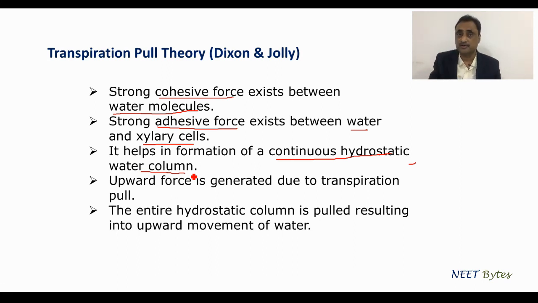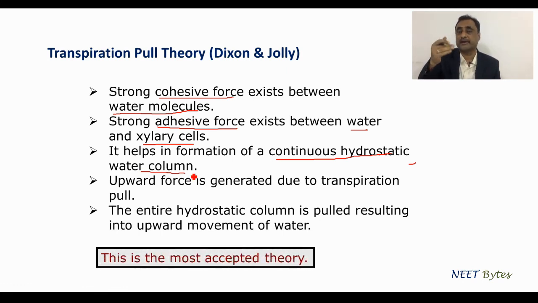One thing I would like to make clear again: suppose some air bubbles have entered into the hydrostatic column. Is the hydrostatic column going to be broken? The answer is no. Why? Because the transpiration pull generates a pressure equivalent to 125 atmospheres, and the requirement to pull the hydrostatic column against the force of gravity is just 5 to 6 atmospheres.